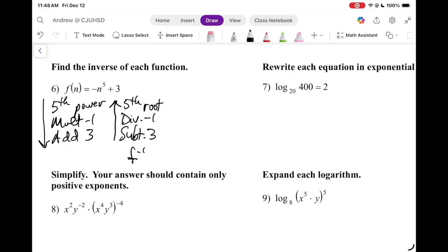And here it is, from subtract 3 to divide by -1 and then a 5th root. And again, I could take that negative out of the bottom and I could use it to reverse what it says on top.